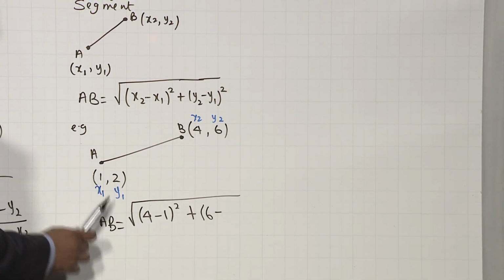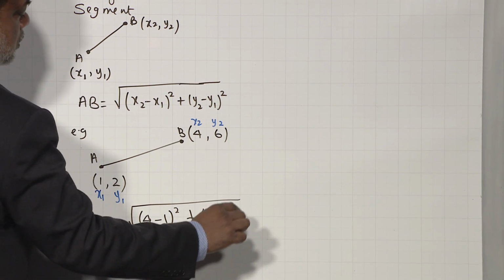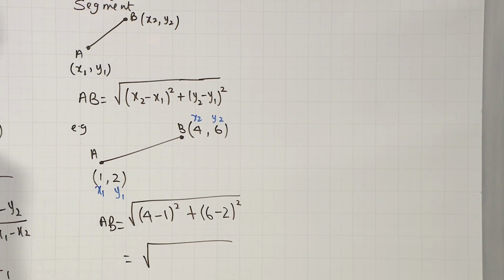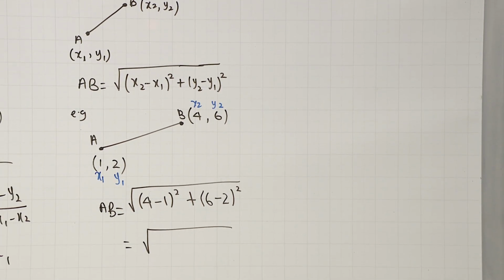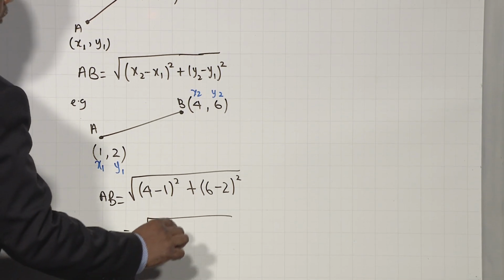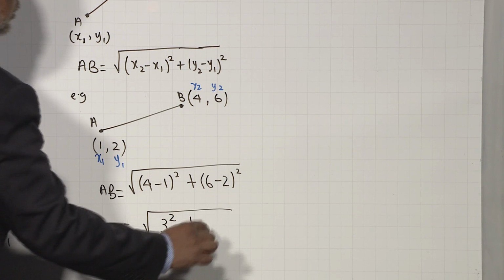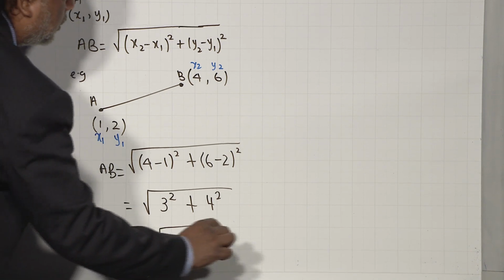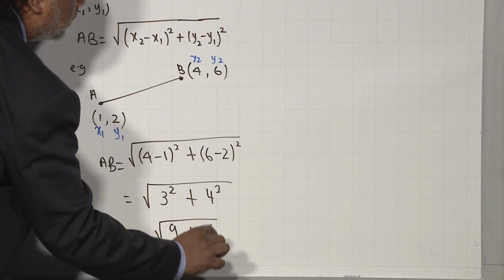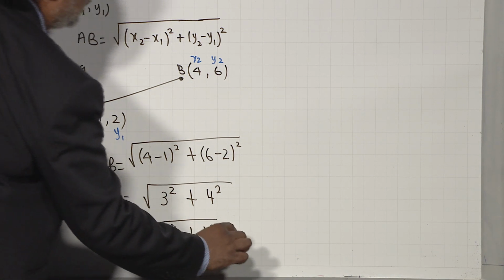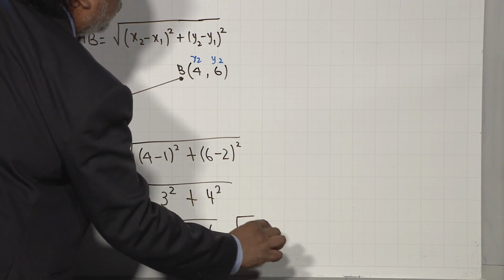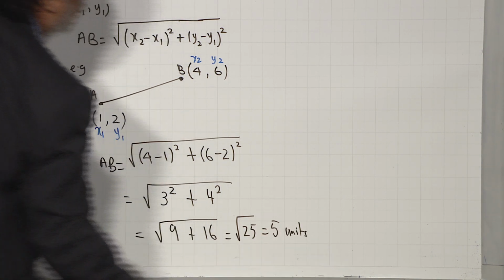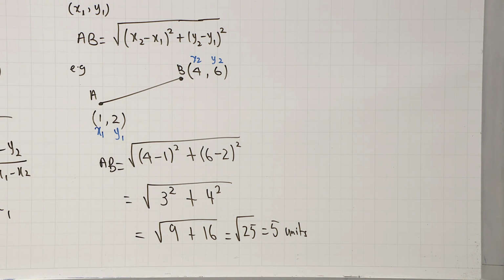Minus y1, which is 2, to the squared. So this gives me 4 minus 1 to the squared, which is 3 to the squared. 6 minus 2 to the squared, which is 4 to the squared. 9 plus 16, which gives us 25, square root, which is 5 units. The length of AB is 5 units.